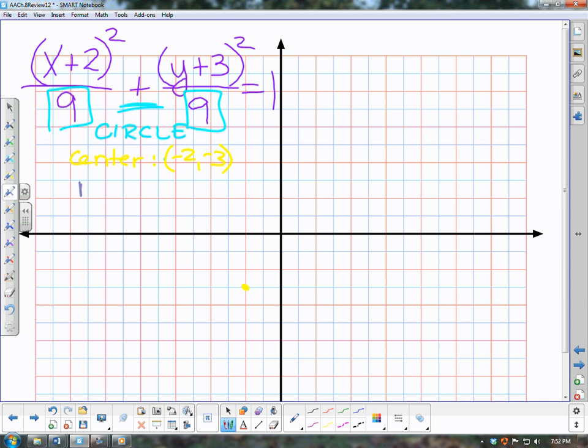And then the only other part we need would be the radius, which would be the square root of it, so 3. Now, had you said this was an ellipse, then you would be doing the ABC thing, and you would find that A is 3, B is 3, and C is 0. Same thing. And so then 1, 2, 3 to the right, 1, 2, 3 up, 1, 2, 3 to the left, and 1, 2, 3 down, and then you have to draw your circle.